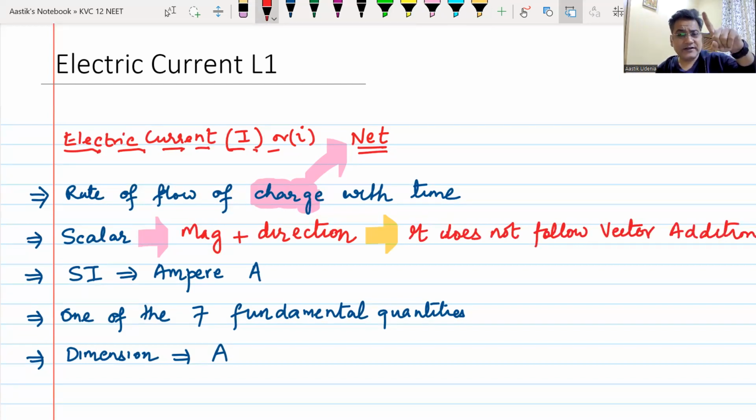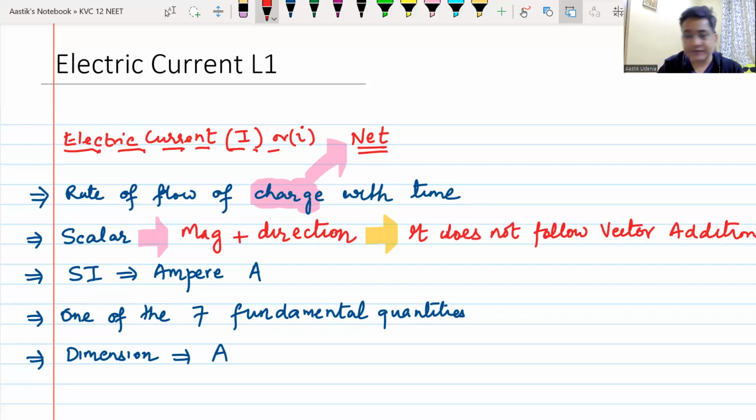Well, if one vector is like this and the other vector is like this, and the angle is theta, I hope you remember. If you add these two vectors, the new vector's magnitude will be square root of a square plus b square plus 2ab cos theta. Do we remember this? Yes or no? Yes, sir. So that is how two vectors get added. They get added up by vector laws of addition, triangular law, parallelogram law. That is how vectors get added.